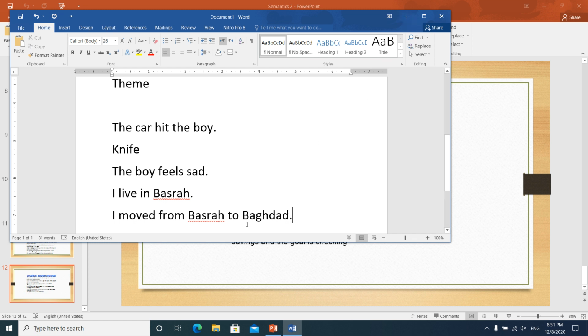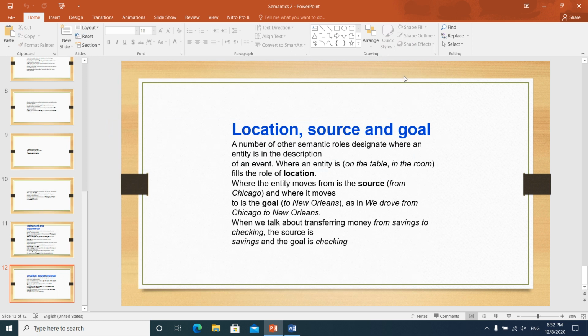It is a source, the place from which we move. While Baghdad is goal, the place we go to. From, to. So we move from Basra to Baghdad. So Basra in the earlier sentence is just a location. But here it refers to a place we move from, so we call it a source. While Baghdad is a goal, the place we move to.